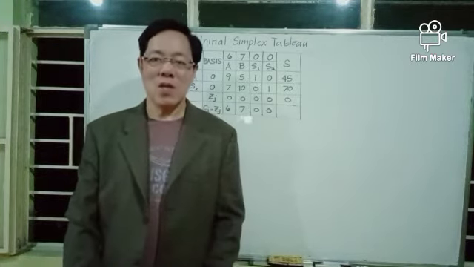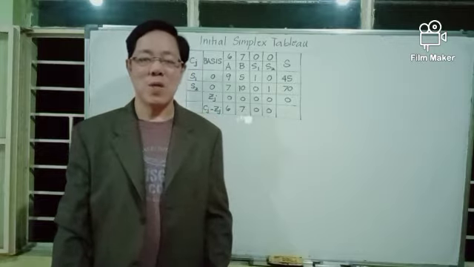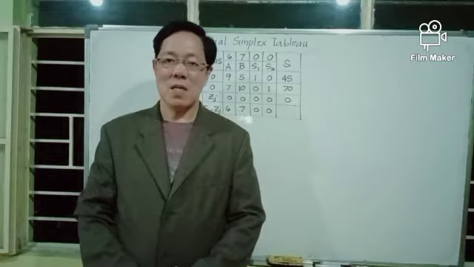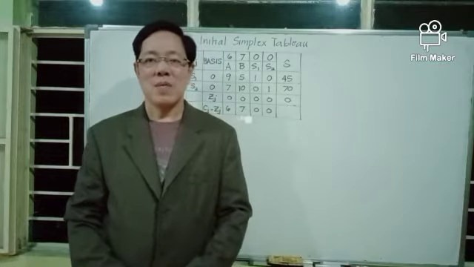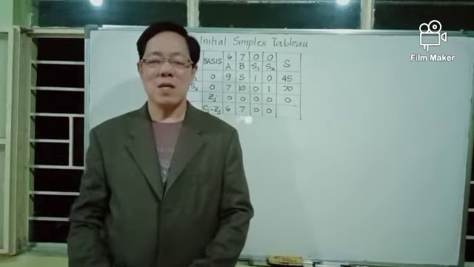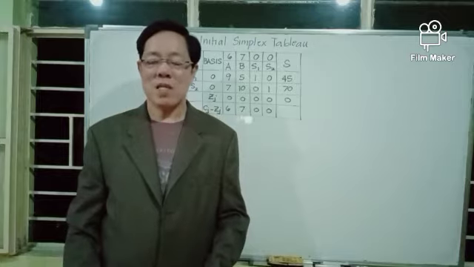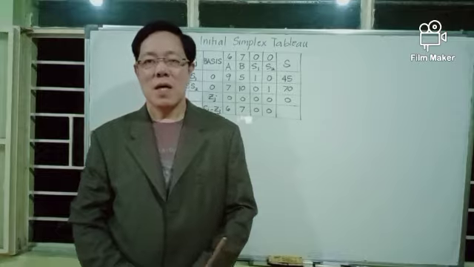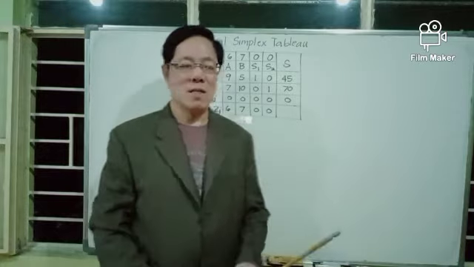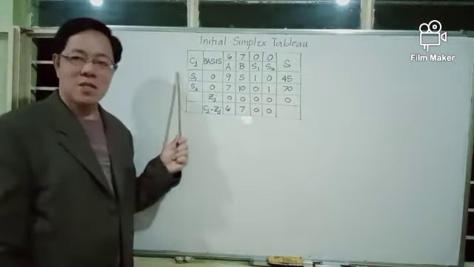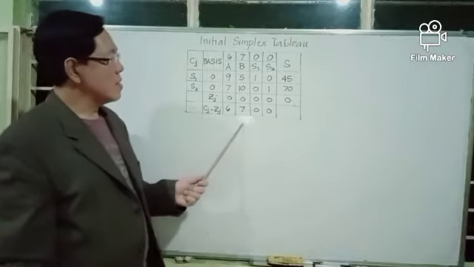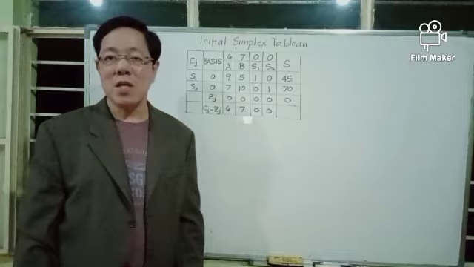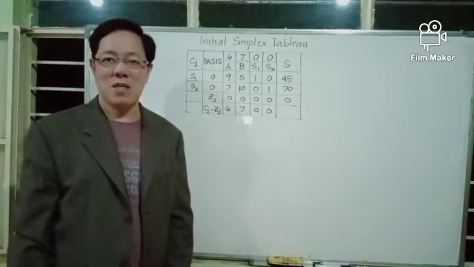For today, we will continue the solution of the linear program we were solving last time in Lesson 5. In Lesson 5, we modified the given linear program to prepare the initial simplex tableau. And once again, this is the completed initial simplex tableau that was developed based on the modified linear program we had in Lesson 5.